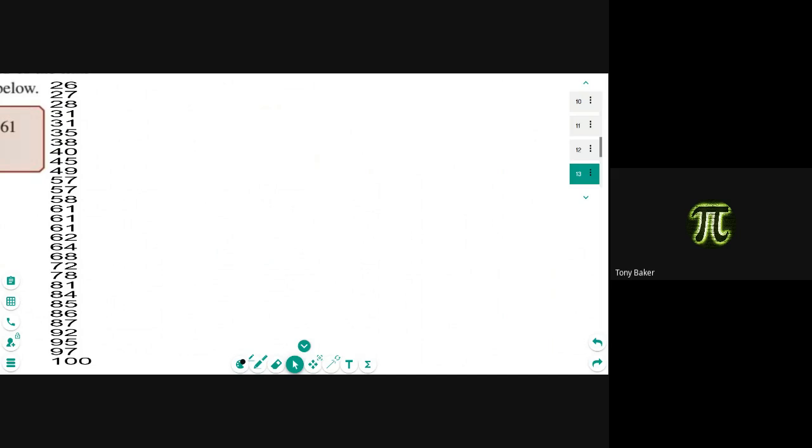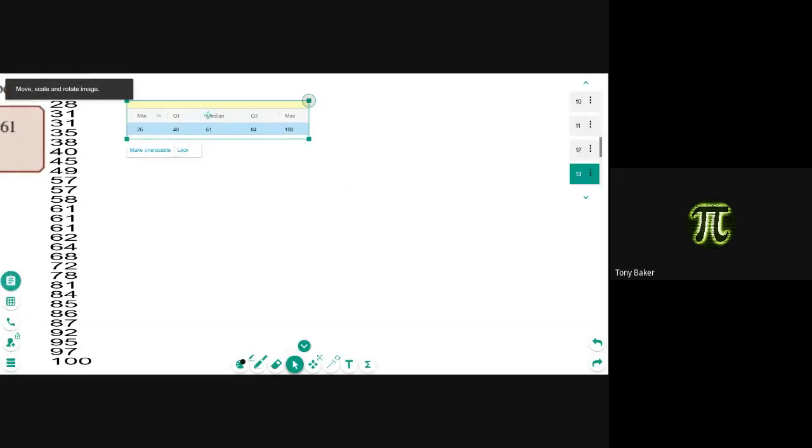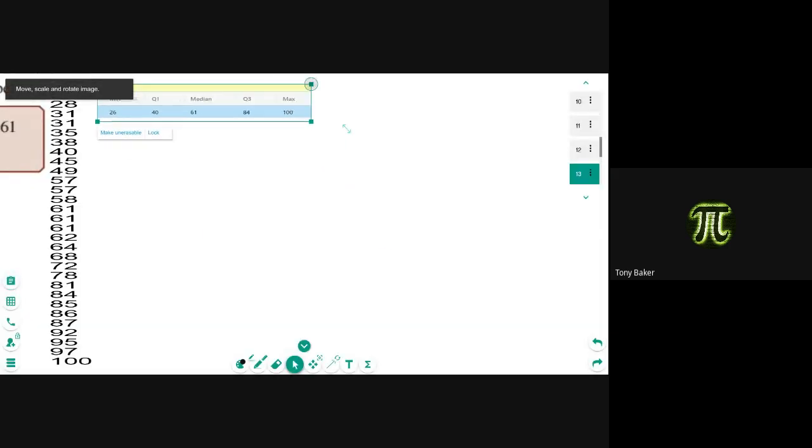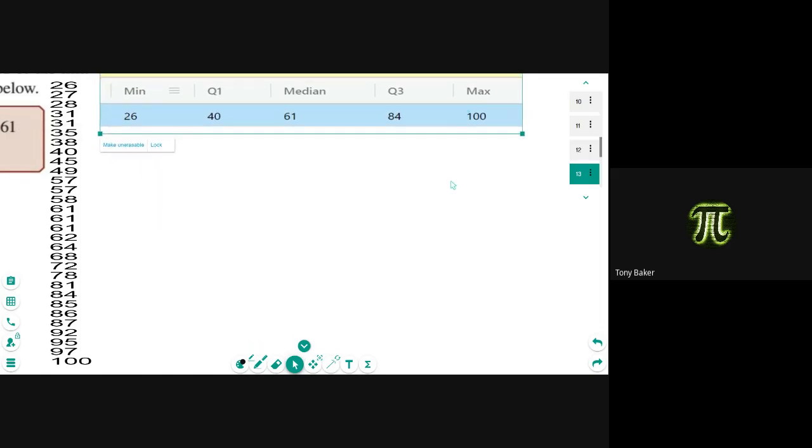Sketch it. Doesn't have to be perfect, but sketch one. It's good to actually practice that, like actually sketching one out. That should be your 5-number summary.